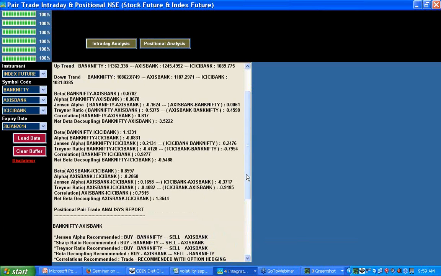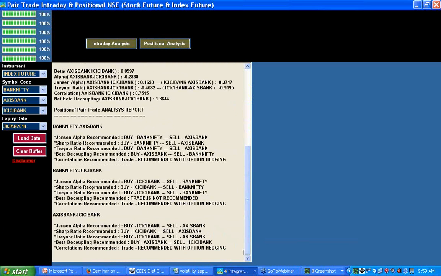If you are going for a positional trade in the same pair, let me see. It is saying that except beta decoupling, all are saying that buying ICICI and selling Axis is recommended. So if you are going for a positional trade with this same pair of Axis and ICICI, this concept of intraday trade will not work, because three-fourths of the analysis, Jensen's alpha, Sharpe ratio, Treynor ratio, say buy ICICI Bank, sell Axis.